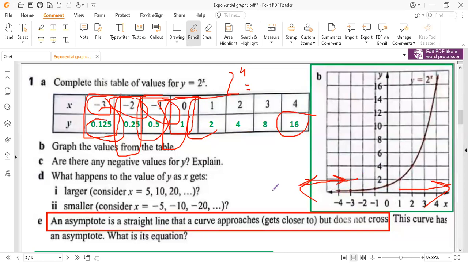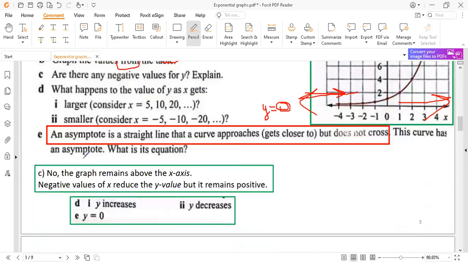What do we mean by the x-axis? The equation of the x-axis is y equal to 0. So when x gets smaller, y decreases and gets closer to the x-axis.